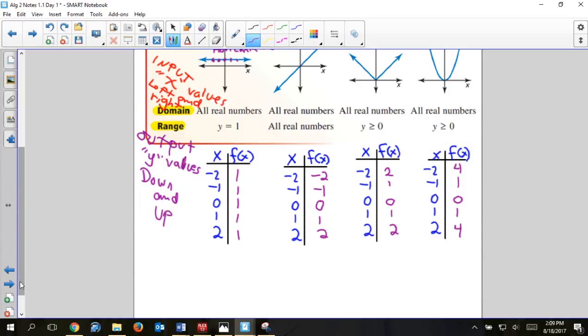I left you an inch to copy down. Each of those goes with the graph right above it. You can copy down the other ones too already.